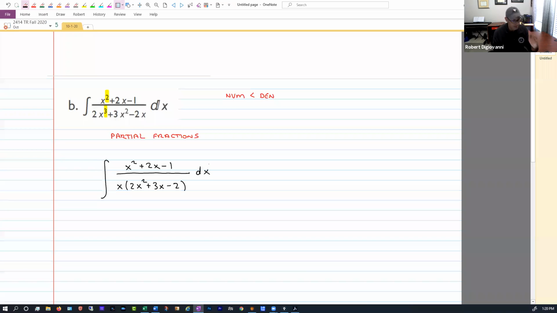And then I look at this part here that has the 3 terms, and I notice that it's a quadratic trinomial. And so I ask myself, does that factor? I come over here to the side and ask, does 2x squared plus 3x minus 2 factor?